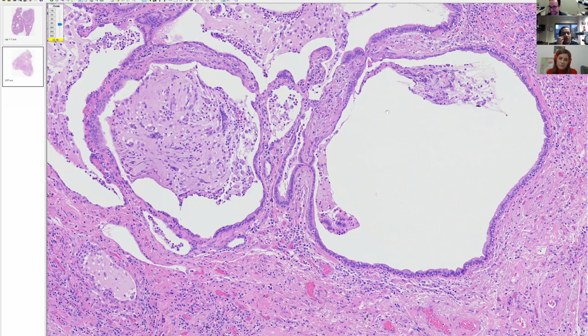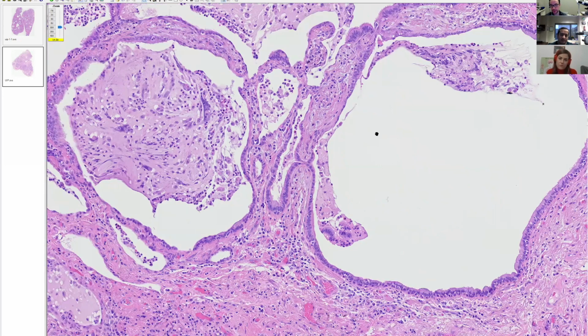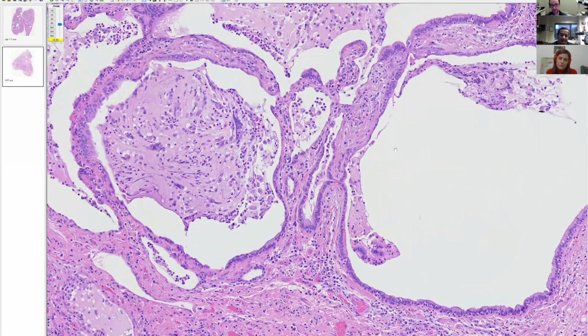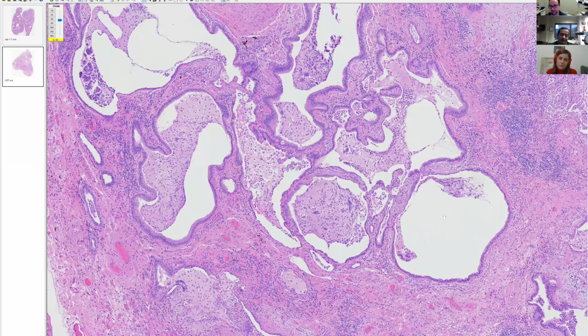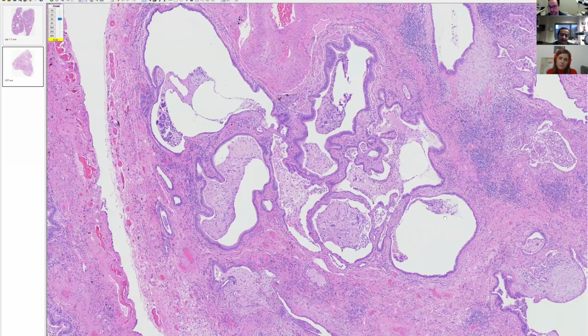So the same question I asked Irene: how do you differentiate between peribronchial metaplasia and honeycombing? To me, it's the architectural distortion, right? We've lost the normal alveolar architecture here, and we have these cystically dilated spaces with intervening fibrosis that stack on top of each other. One of my radiologist colleagues always says that honeycomb change on imaging is a space that's big enough for a bee to crawl into.